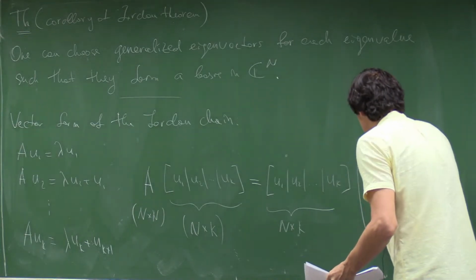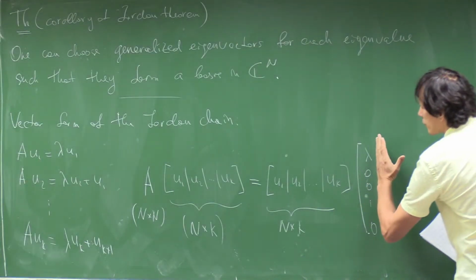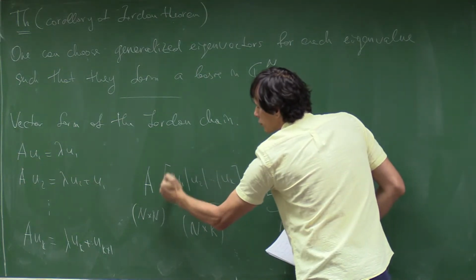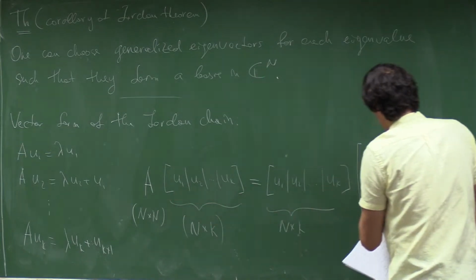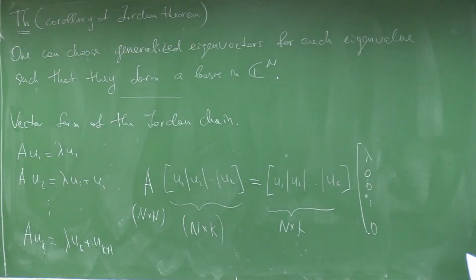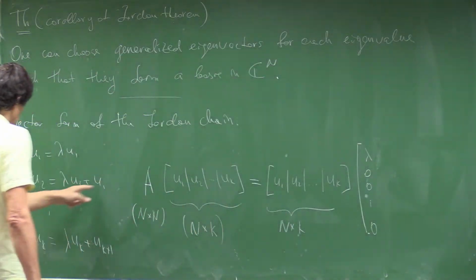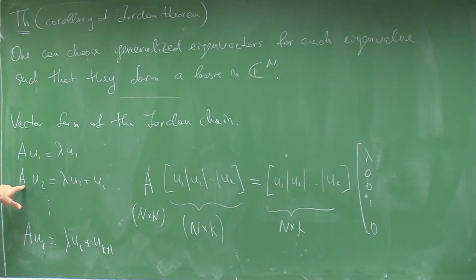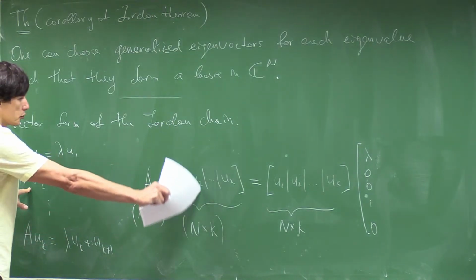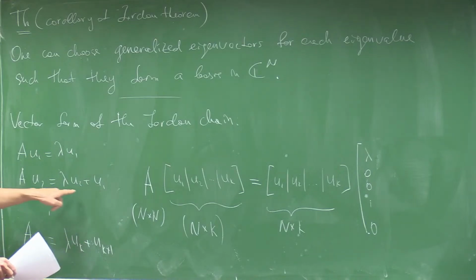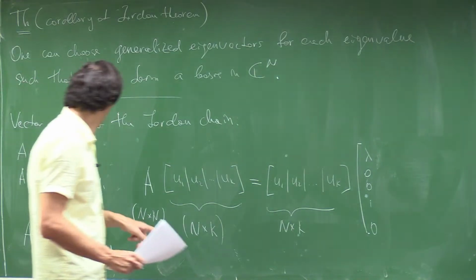Taking the first column, you get just u1, and here the first column will be A u1 equal lambda u1. For the second relation, it will be the second column: u2 multiplied by A should give a combination of u1 plus lambda u2.